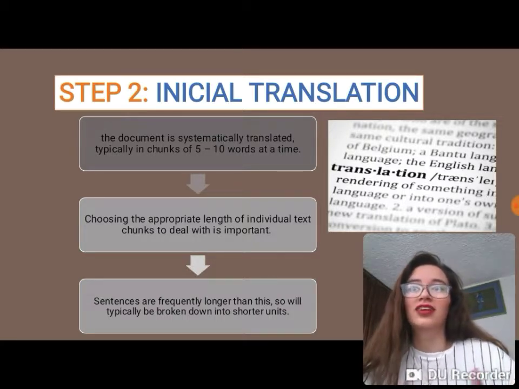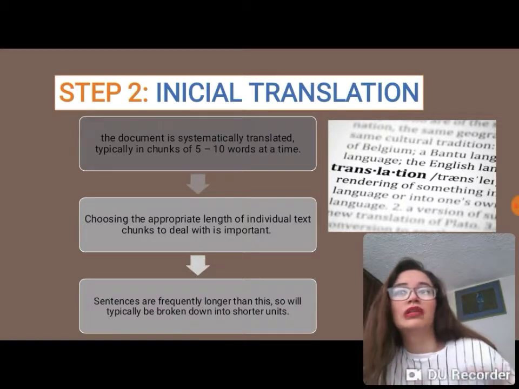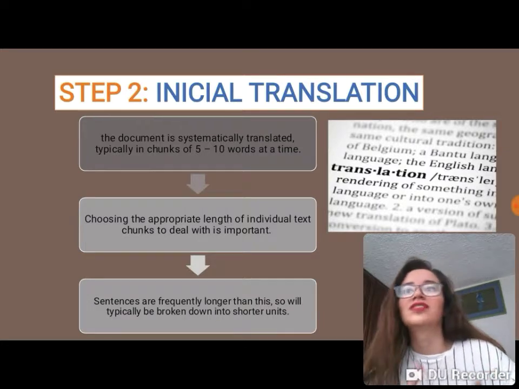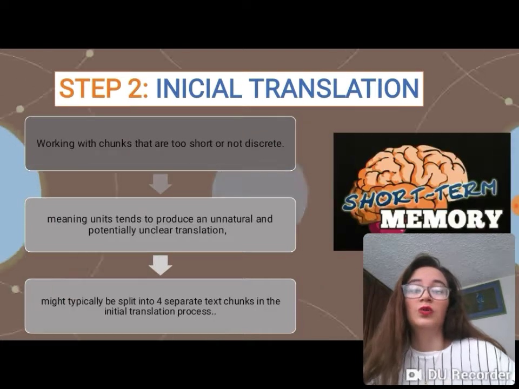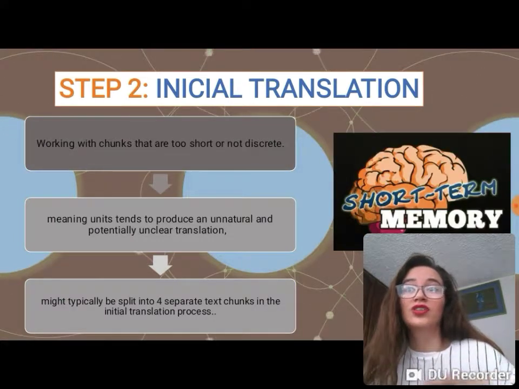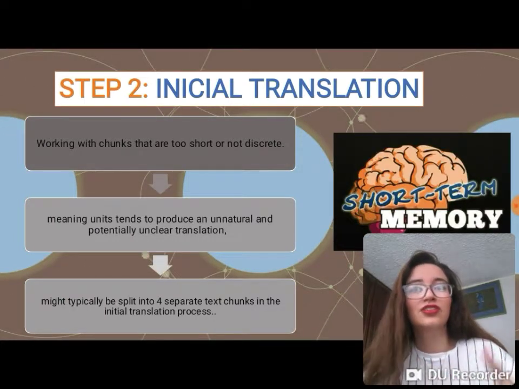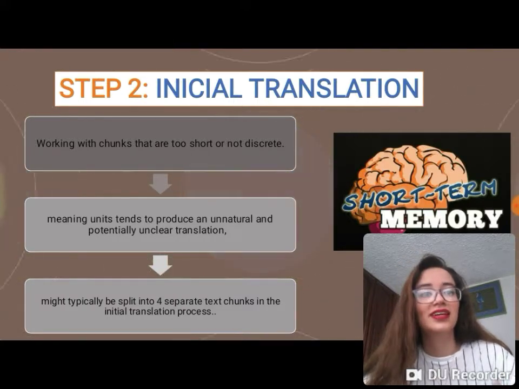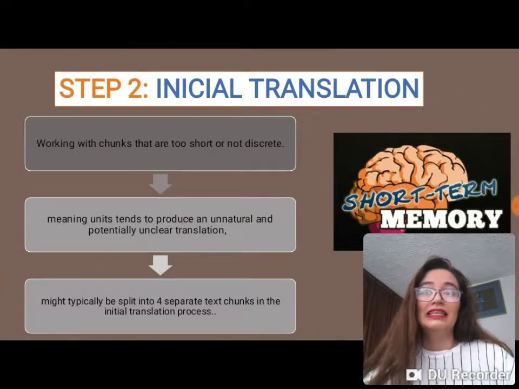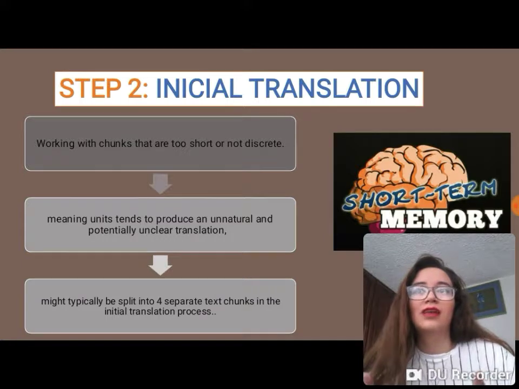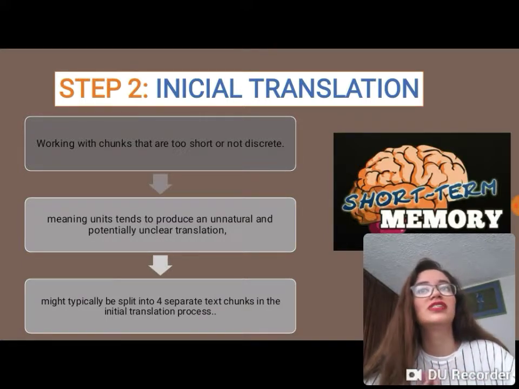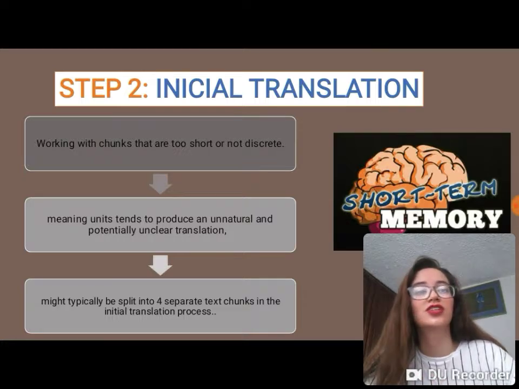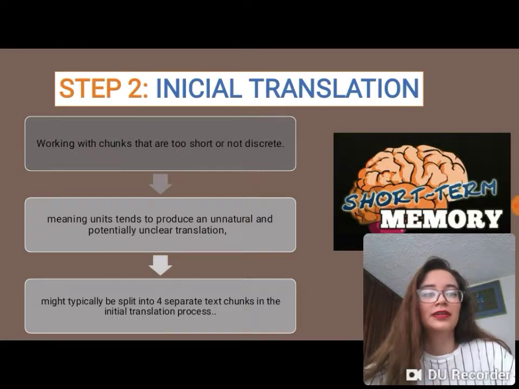Chunks that are too short or not discrete meaning units tend to produce an unnatural or potentially unclear translation, whereas chunks that are too long to easily remember run the risk of some meaning being missed. This last sentence, for example, might typically be split into 4 separate chunks in the initial translation process.